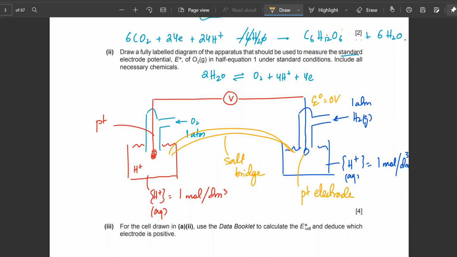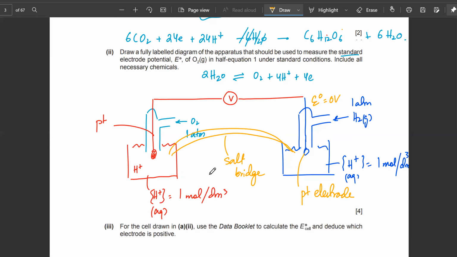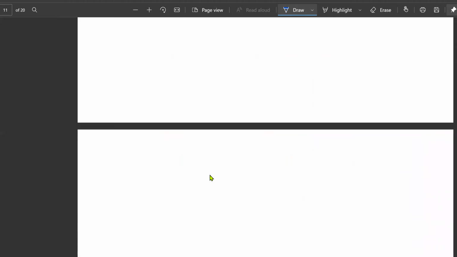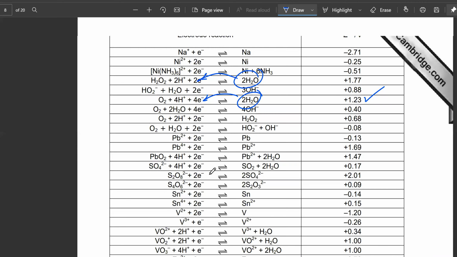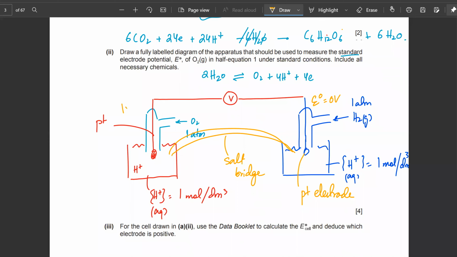So we can open the data booklet and find it. It's probably this one, the one that I'm pointing to. It's oxygen and H plus 1, 4 electrons, water. That's the equilibrium reaction, and the value is 1.23 volts. So this one over here is 1.23 volts. Is that clear?